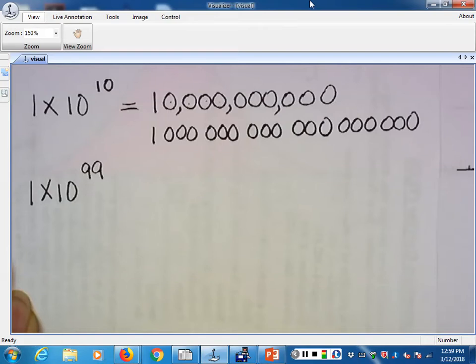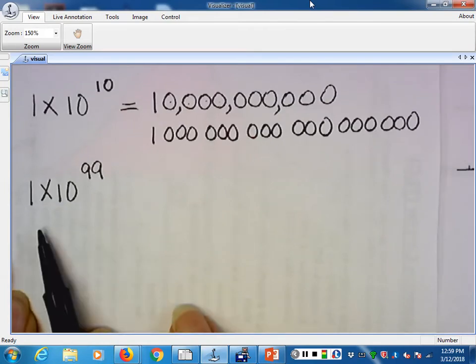Even in Star Trek or Star Wars dimensions, any kind of scientific or sci-fi dimensions, that's a huge number. We can't even imagine a number that huge. All I can do is tell you that's a 1 followed by 99 zeros.